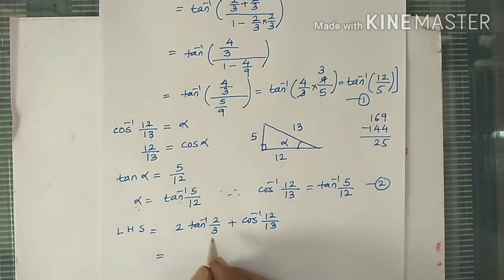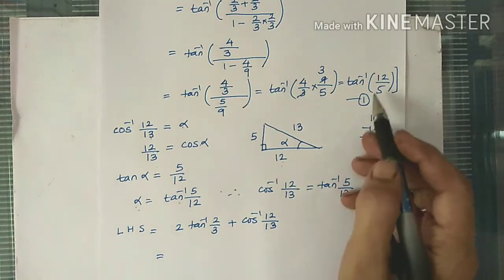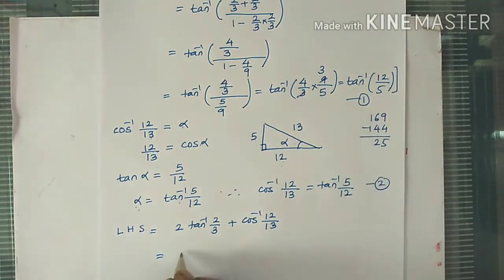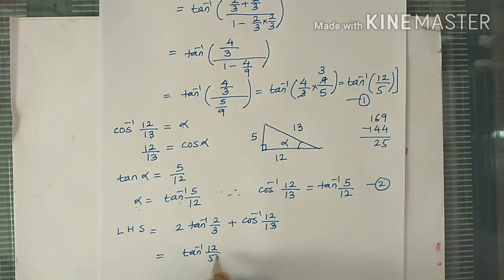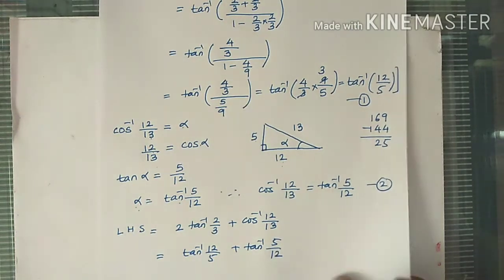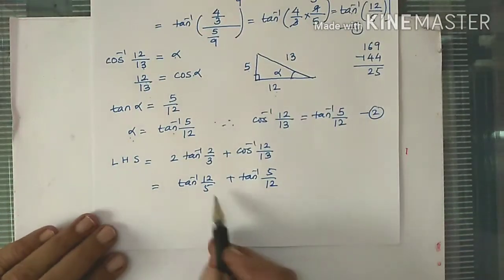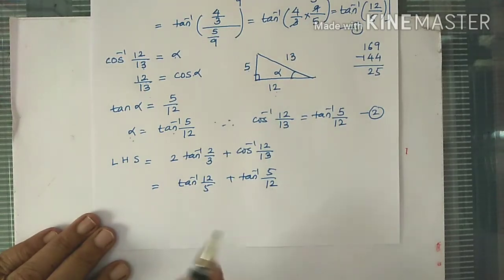Simplifying, we have the first term as tan inverse of 12 by 5, and this one is tan inverse of 5 by 12. You can see that here the terms are reciprocal of each other.